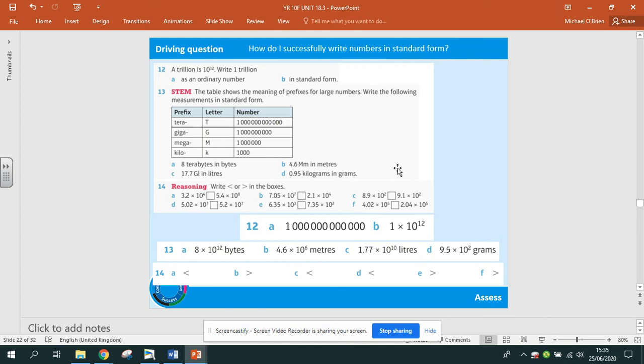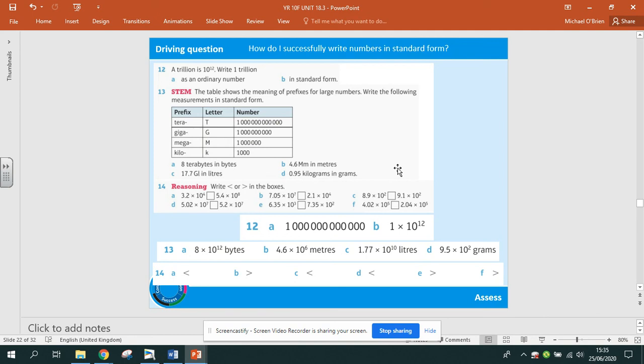Now there's a measurement you don't see every day. 1.77 times 10 to the 10th, and 9.5 kilograms in grams is 9.5 times 10 squared. So I hope you got all those correct, and then there are the signs on the bottom.